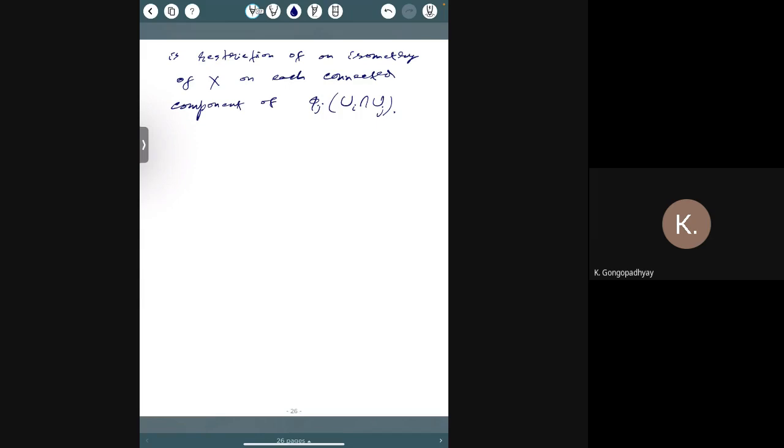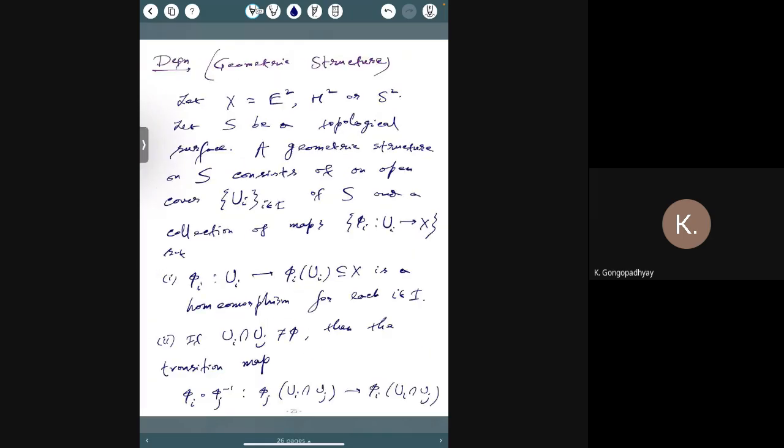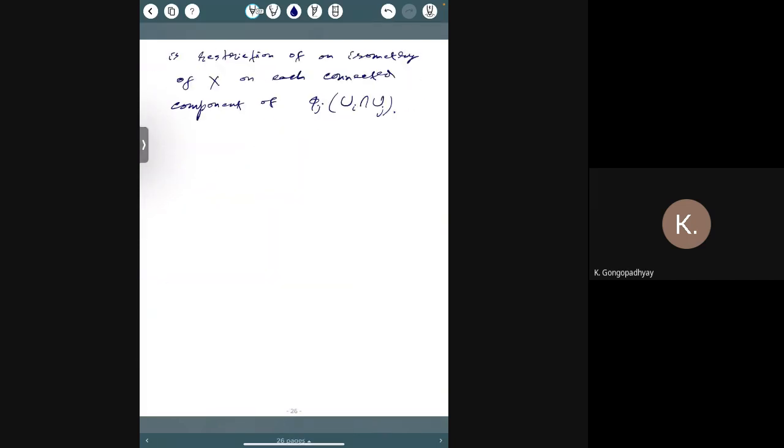Maybe I should say here that for the moment I take orientation preserving isometry, so we will assume the isometry is orientation preserving. This is the same as the definition you might have seen in manifold theory.